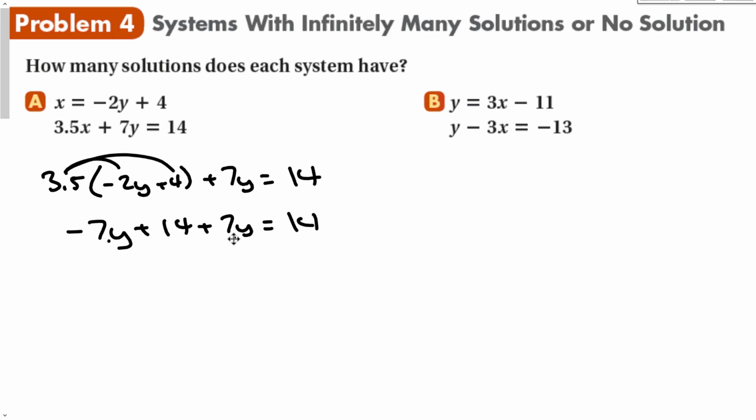The negative 7y and the positive 7y go away, which means I have 14 equal to 14. Okay? This means that we have infinite solutions because we have something that is true. So that means x and y could be anything, and we will get these two sides to be the same.